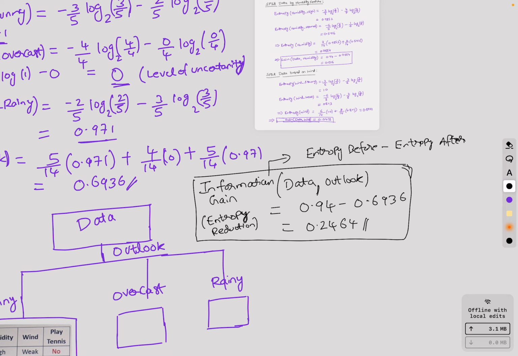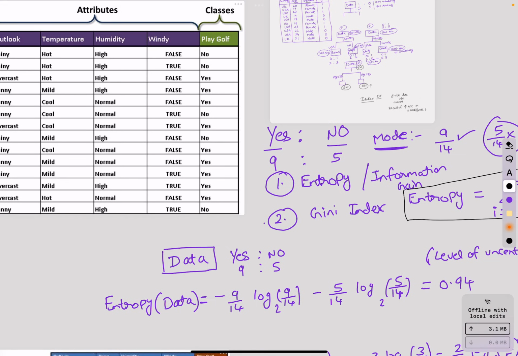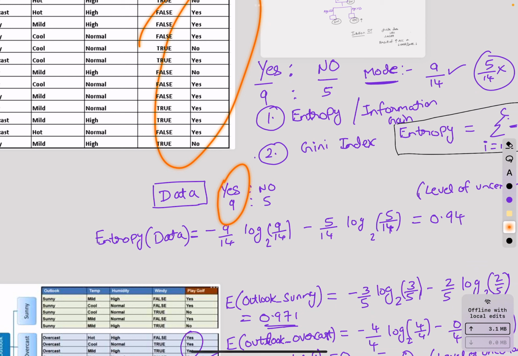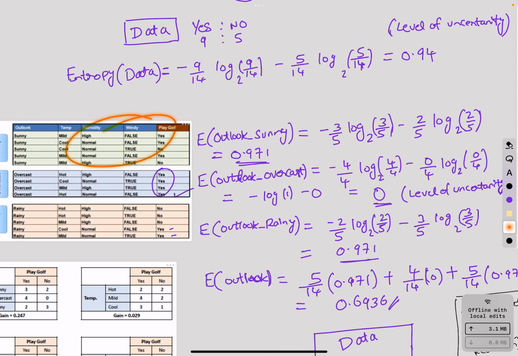In our case, it is simply the entropy before dividing the data into subsets. Before dividing, I was doing the classification by looking at the entire data. In the entire data, the mode was yes, so I had a probability of 9 by 14, and based on that, the entropy is 0.94. After dividing the data, I had 3 subsets.